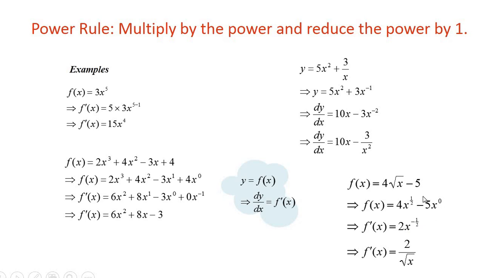Differentiating a constant will give you 0. So your derivative f prime of x equals 2 over square root of x if you apply back the laws of indices. You can pause the video and go through these 2 other examples.